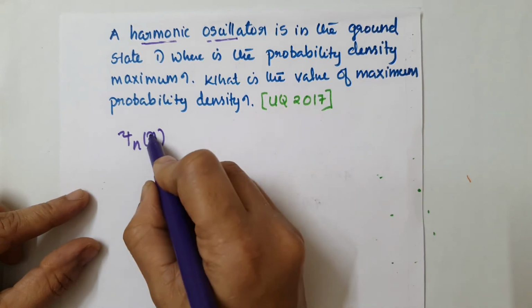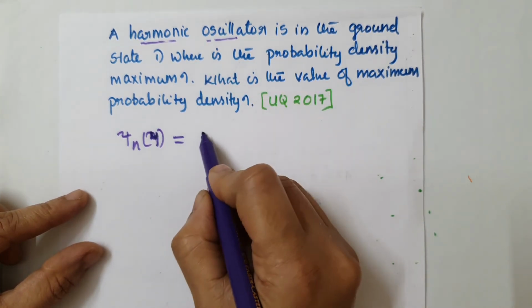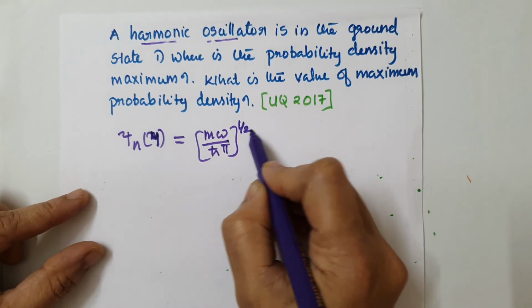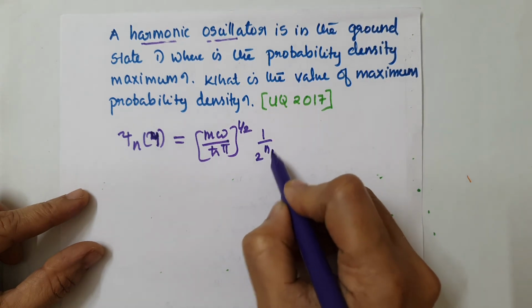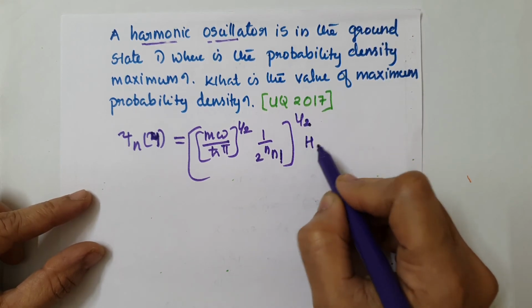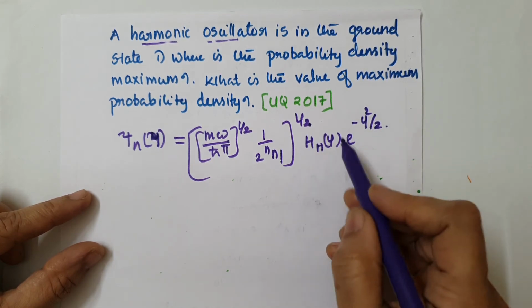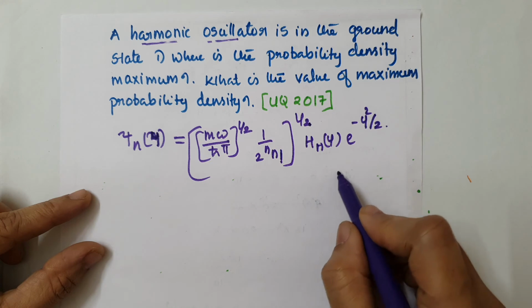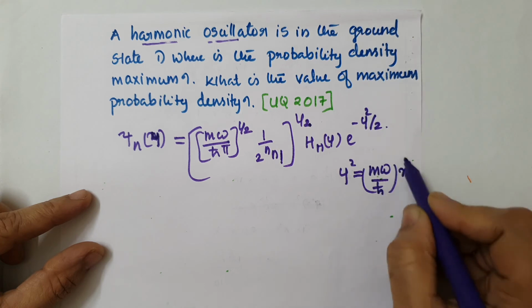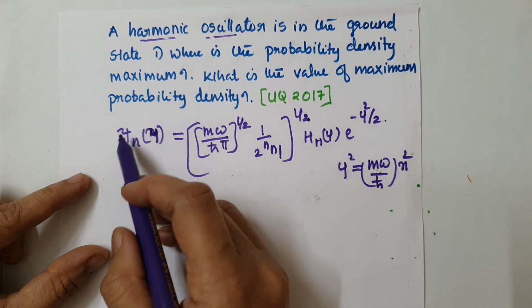The eigenfunction can be written as psi n of y equal to (m omega by h cut)^(1/2) times (2^n n factorial)^(-1/2) times H n of y times e raised to minus y square by 2, where H n of y is the Hermite polynomial and y square is m omega by h cut times x square. This is the general equation for the eigenfunction.